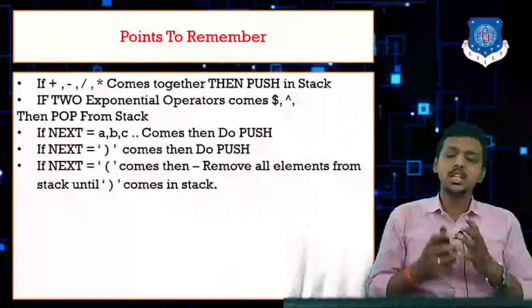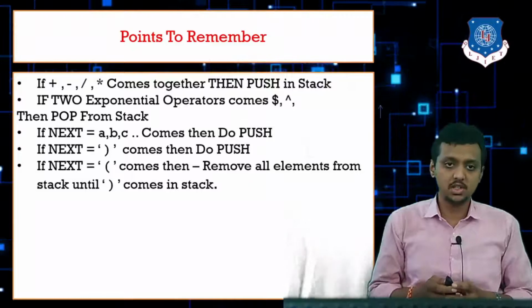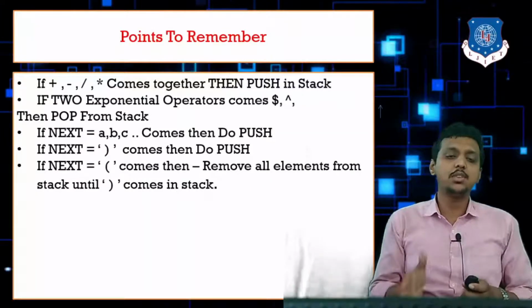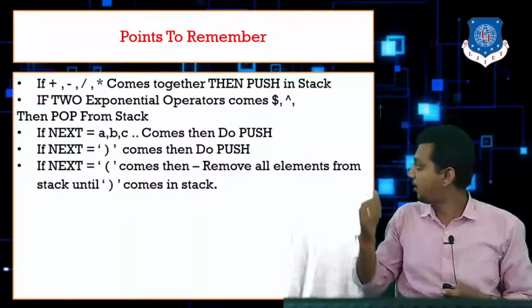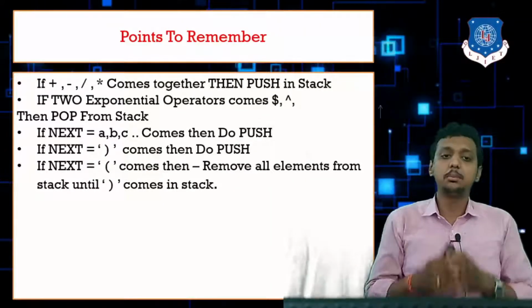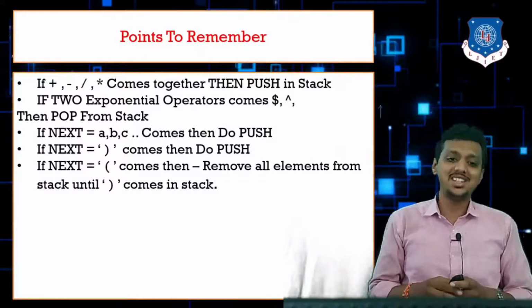Let's see how. Here are some key points to remember for the infix to prefix conversion. When you are doing the infix to prefix conversion using the tabulation method, always remember such points. First, when plus, minus, division, star come together, you need to push inside the stack.